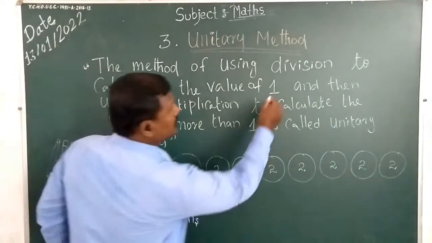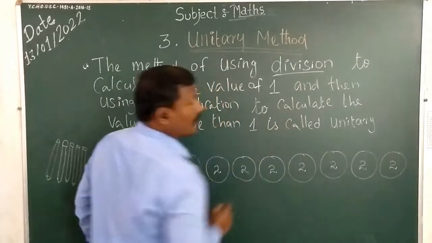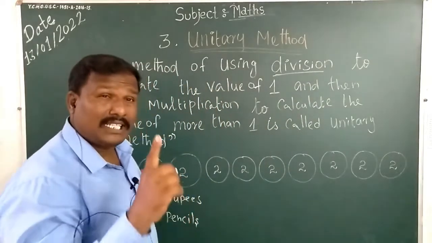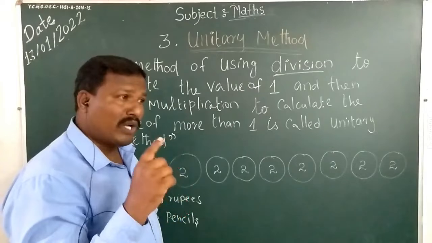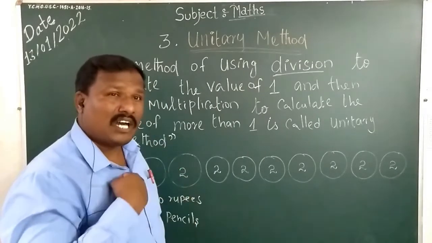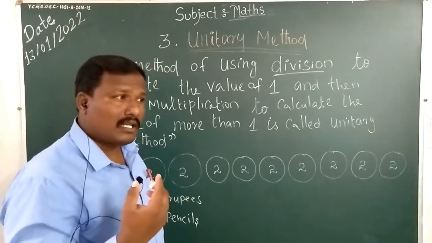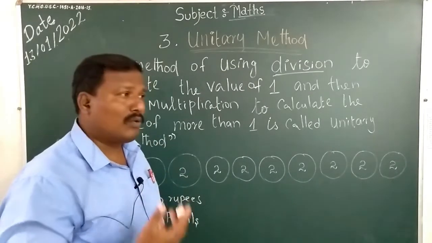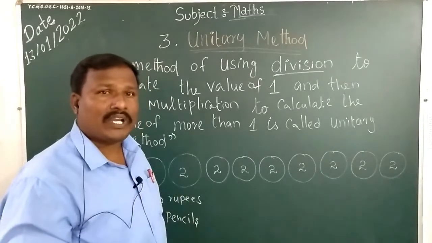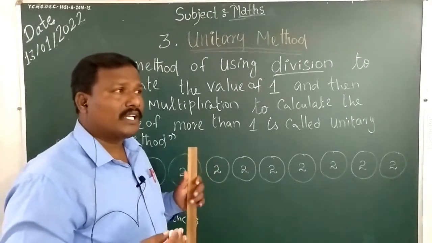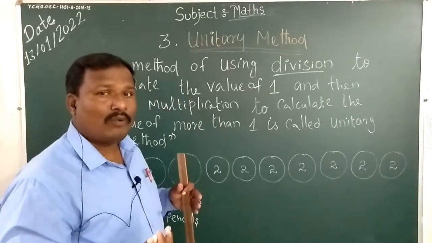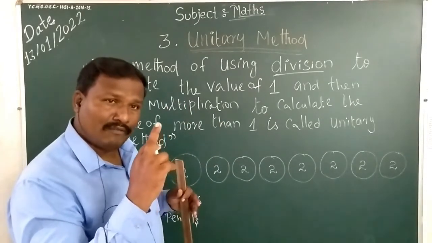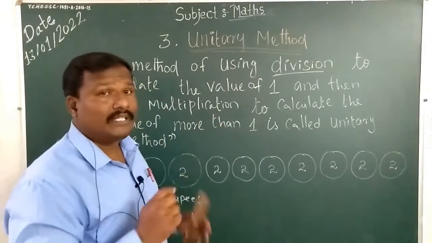You have to do division. If you want to find out the cost of one pencil, one table, one chair, one shirt, one pen, one water bottle, one chocolate, many things, if you want to find out the value of one thing, we have to do division.